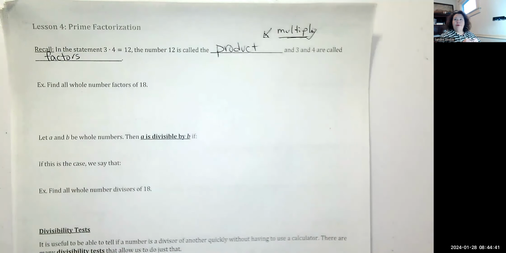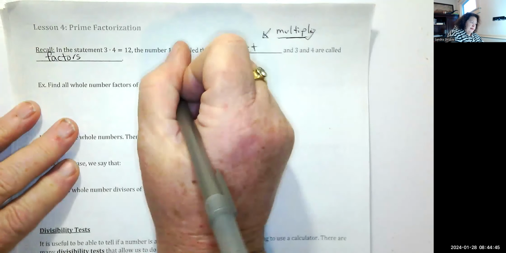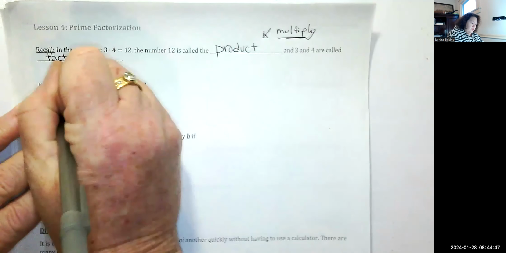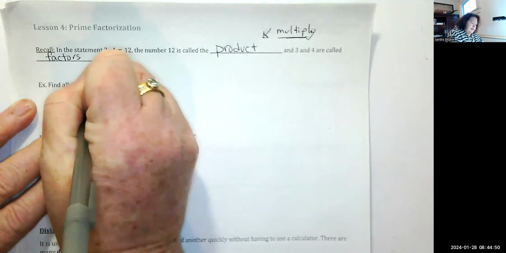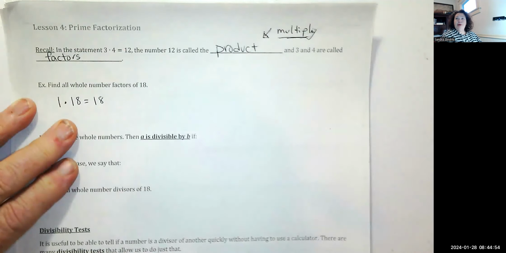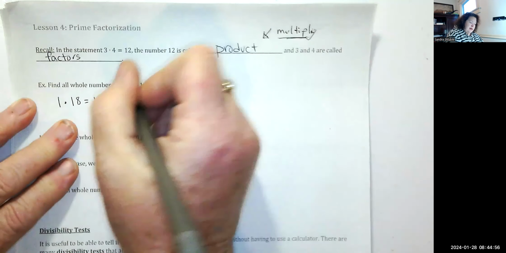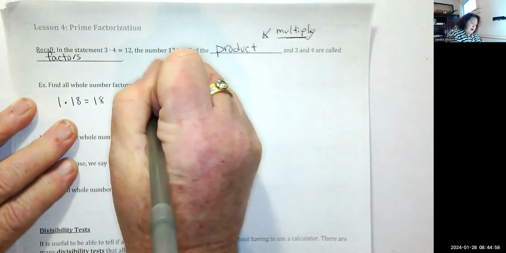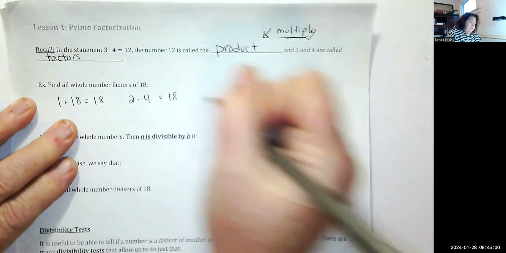Find all whole number factors of 18. Well, 1 times 18 is 18. If I divide 18 by 2, it's even, so I know I can do that. 2 times 9 is 18.